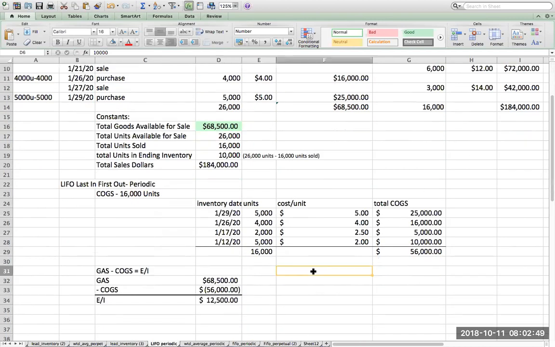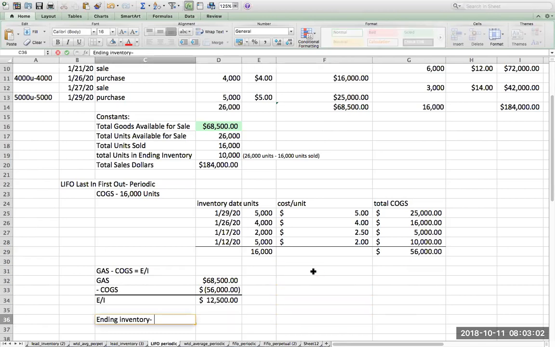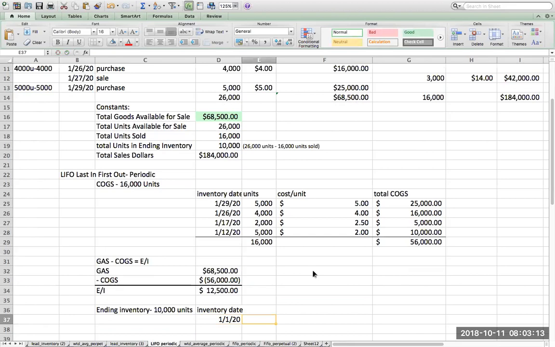So an alternative is I could say that my ending inventory, 10,000 units, is really going to be comprised of my January 1st, 2020 date of 10,000 units at $1.25 per unit, or $12,500.